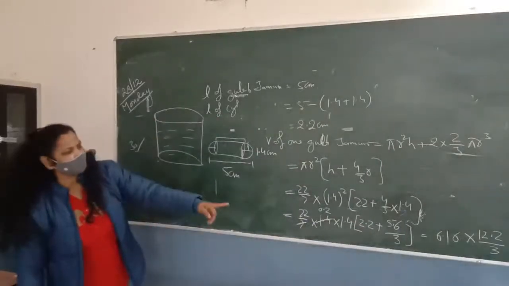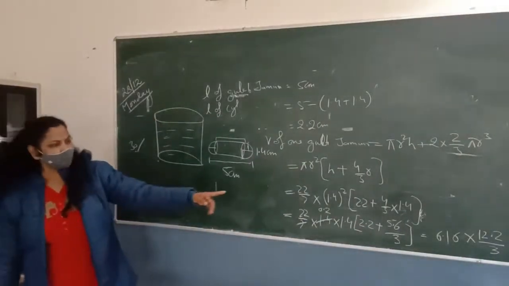After calculation, I think it was 6.16 into 12.4 upon 3.